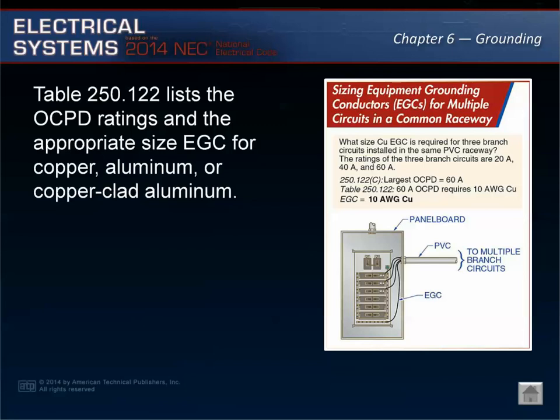If multiple circuits are run in the same raceway, the size of the equipment grounding conductor shall be based on the largest overcurrent protective device protecting the circuit conductors, per Article 250.122(C). If the circuit conductors are increased in size, similar adjustments shall be made in the size of the equipment grounding conductor.